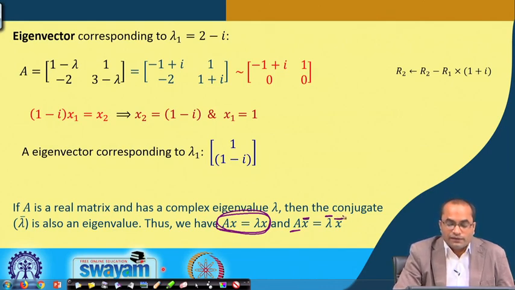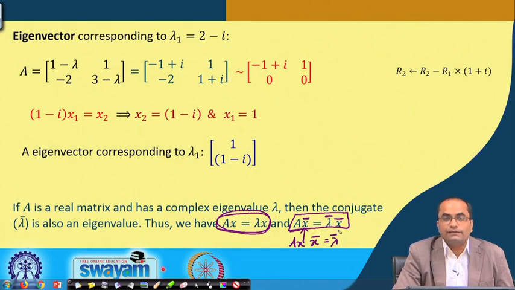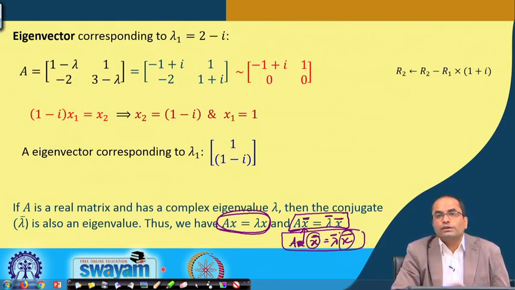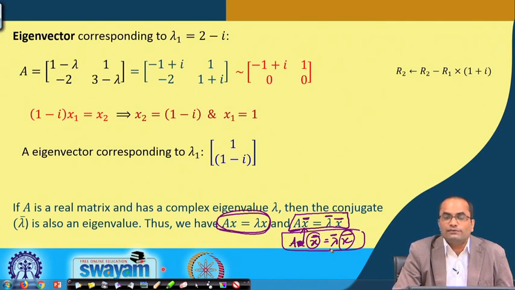So, again the eigenvalue-eigenvector equation is satisfied for x bar, the conjugate of x, and the right-hand side is just lambda bar, that is the eigenvalue, times x bar. So, this tells us that x bar, the conjugate of x, will be the eigenvector corresponding to lambda bar.